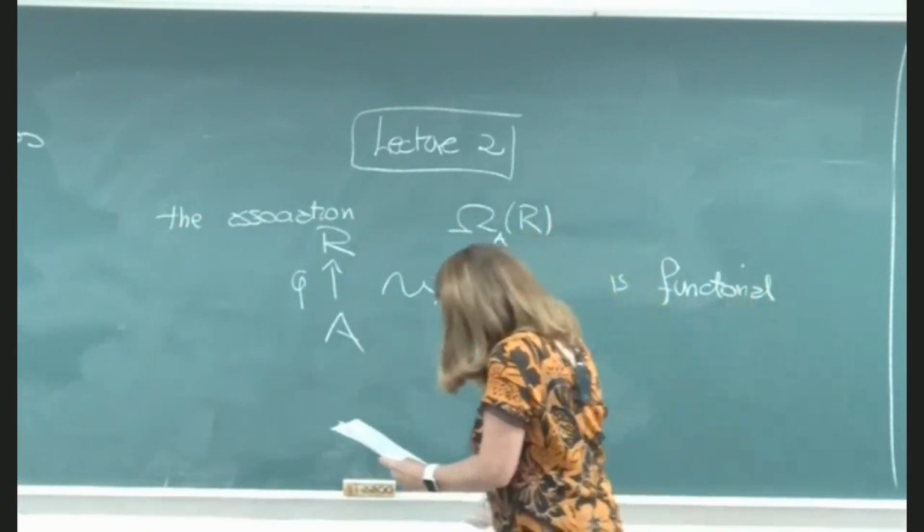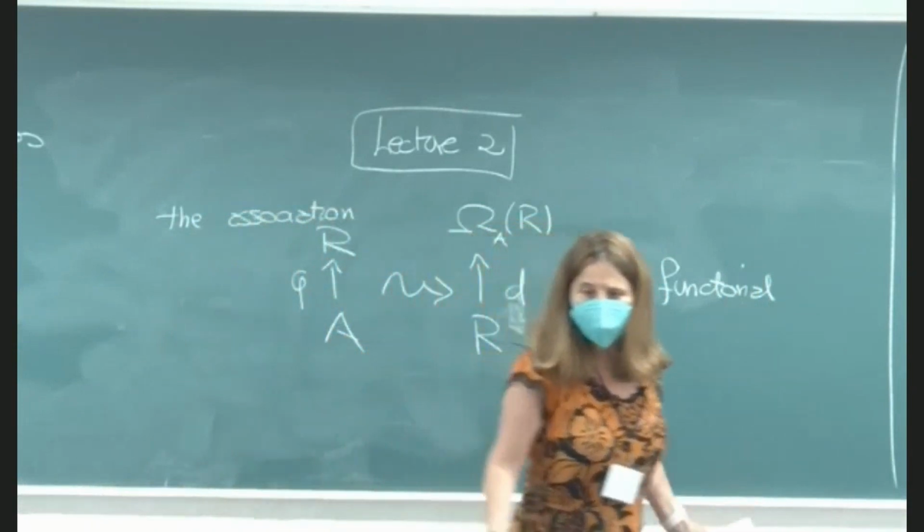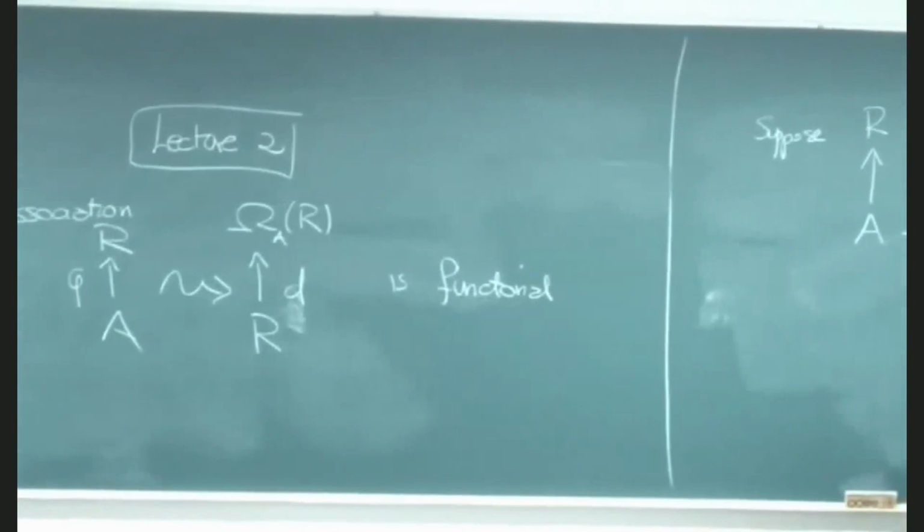So what does this mean? So let me write it in terms of a commutative diagram, and then we'll get useful exact sequences. So suppose that you have a ring A and a ring B, and you have R, and R is an A-algebra, and T is a B-algebra.